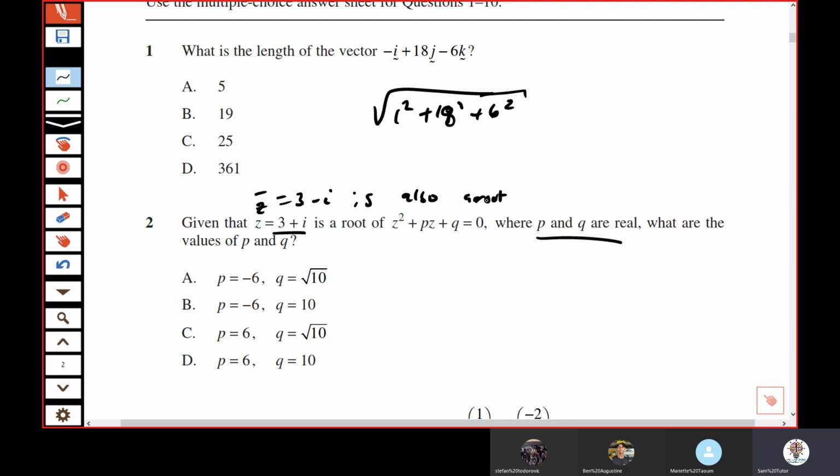And then obviously what are you going to do right after that? Sum of roots, product of roots. I would have said sub it, but you're going to find p's and q's. You might as well go and find sum of roots, product of roots. Go. Let's get question 2 out.